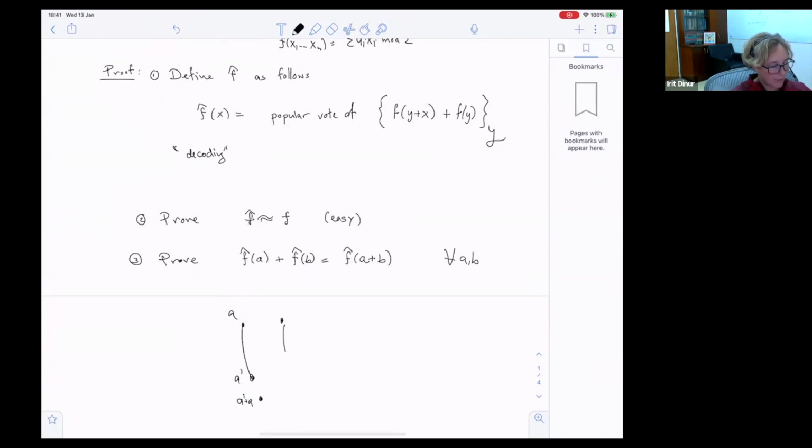And you do the same for B. And you do the same for A plus B. And somehow you use some algebraic cancellation to show that if for many A primes, the triple is a good triple, it means that the f hat satisfies this equation. So not going to go into the details now, but that's how the proof looks.